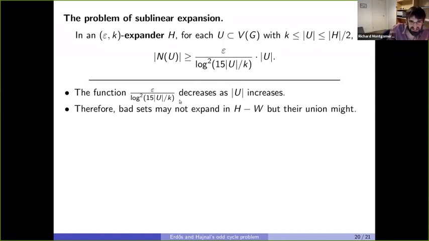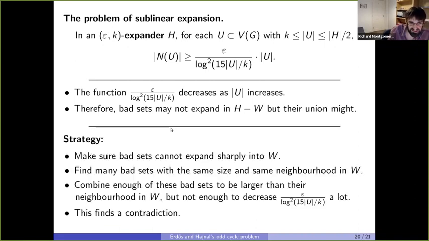So again, this function decreases as the size increases. We have bad sets, and we put them together, but their union does still qualify as expanding. So our strategy is to very carefully set up the situation so that we have very many bad sets. So I know I have lots of bad sets which have the same size.